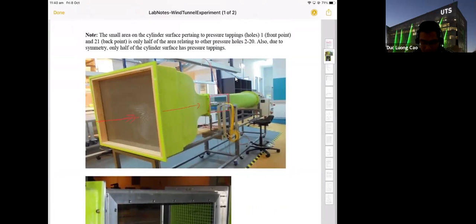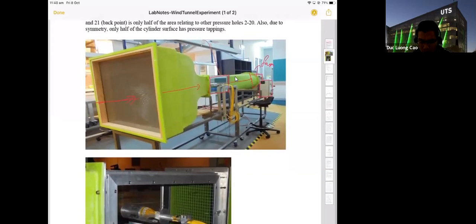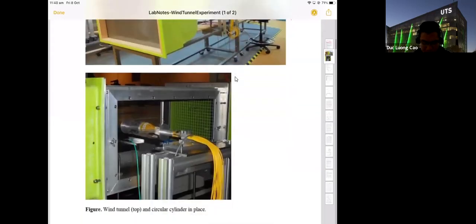In this chamber, we have the test objects and instruments. After that, it goes to a fan at the end of the system. This one is a control box. We can control it by the control box or by the laptop.